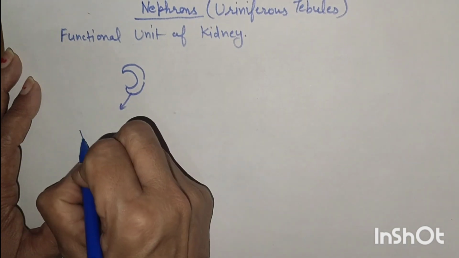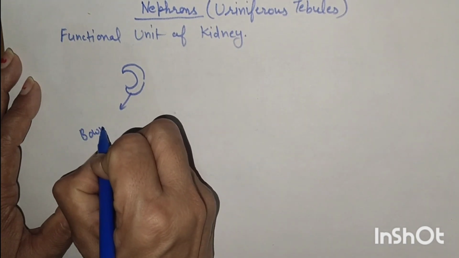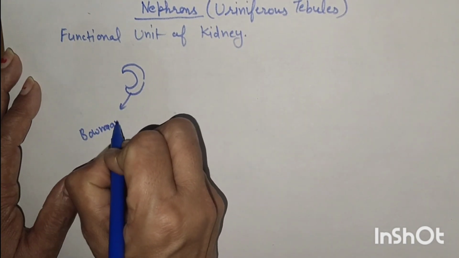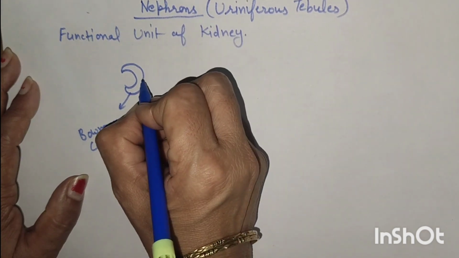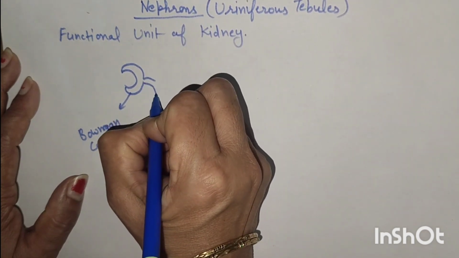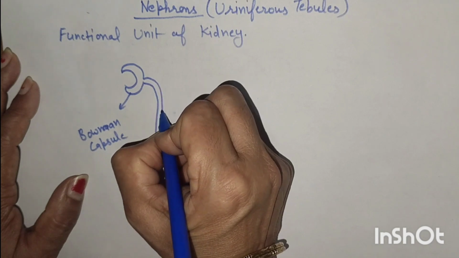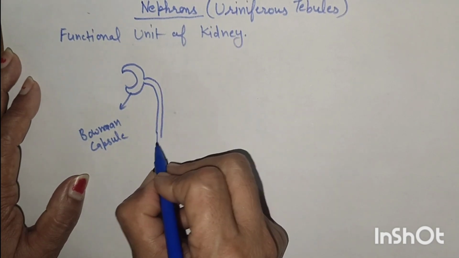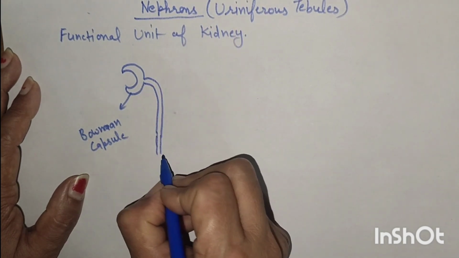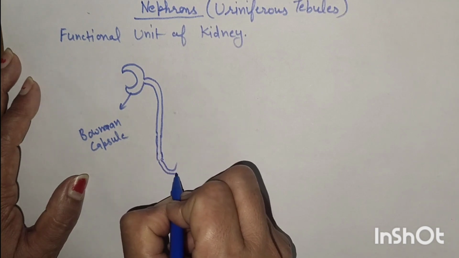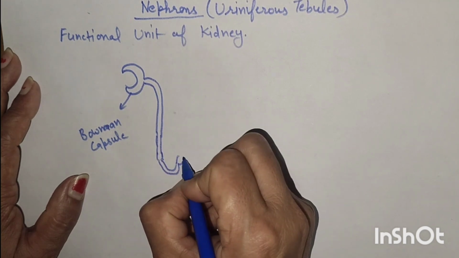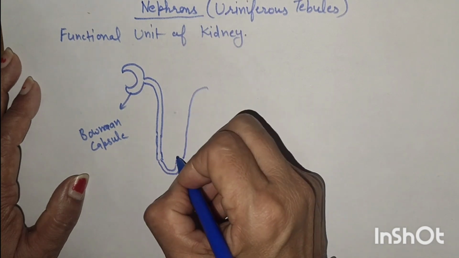This cup-shaped structure is called the Bowman capsule. This Bowman capsule is connected with a tube called the proximal convoluted tubule, and on the other side the distal convoluted tubule.